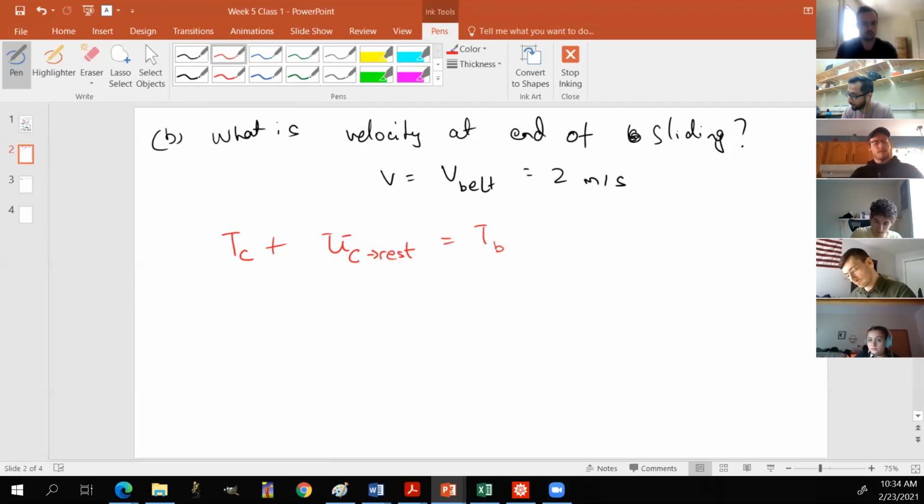So that's going to be the kinetic energy. Let's call it, I don't want to say belt because that's the kinetic energy of the belt. Kinetic energy, end of sliding. You know, rest is bad.